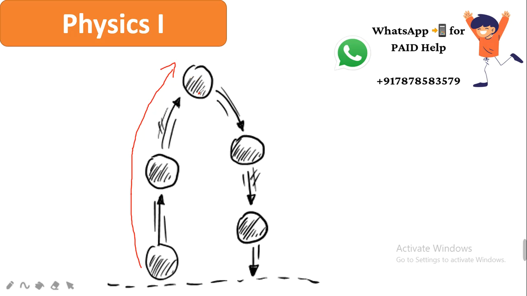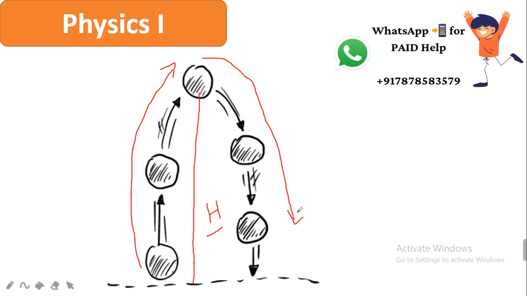This height from the ground is the maximum height, and we can denote it by capital H. When it reaches the highest point, afterwards it will start declining and take a downward motion.